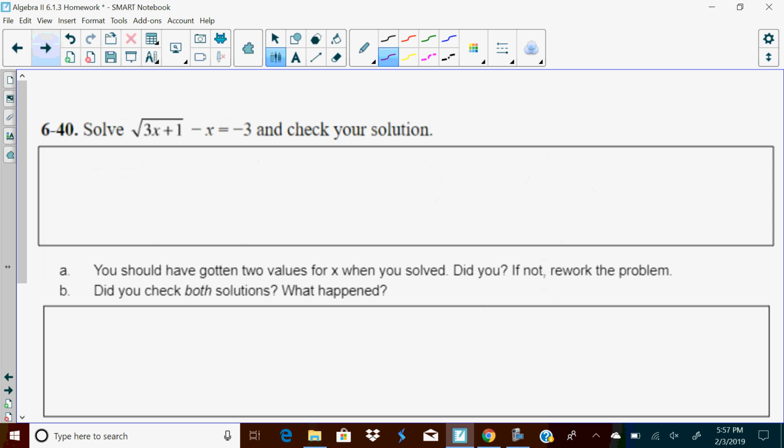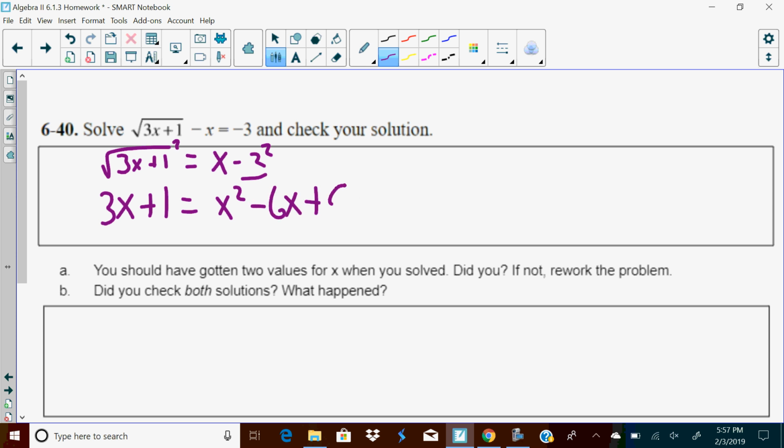Problem 40, solve. So in order to solve, the first thing I'm going to do is try to get rid of my square root. So I have 3x plus 1 equals x minus 3. I'm going to square both sides. So I get 3x plus 1 equals x squared minus 6x plus 9.